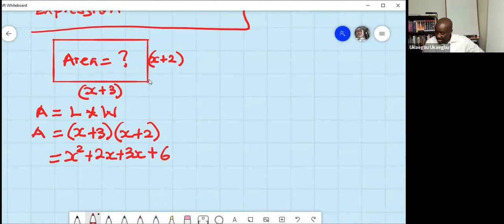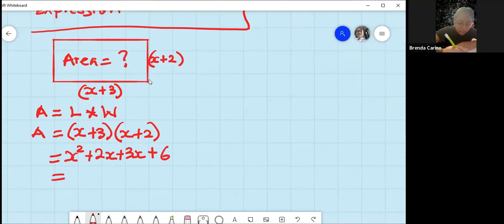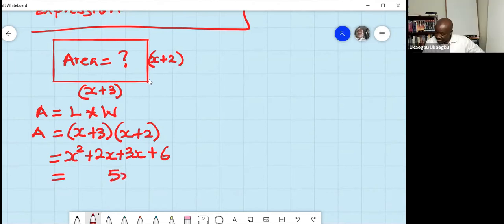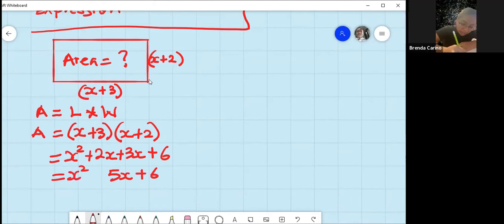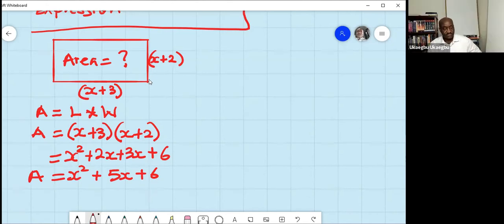And then we collect like terms. So what are the like terms? 2x plus 3x equals 5x. So x squared plus 5x plus 6, and that gives us the area.